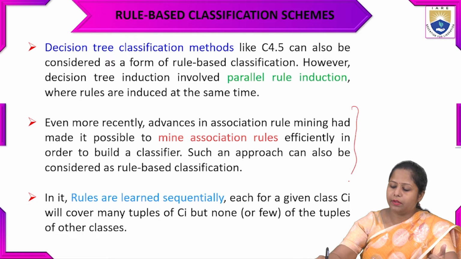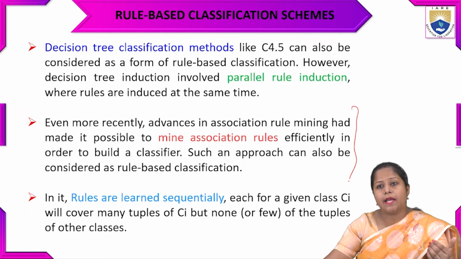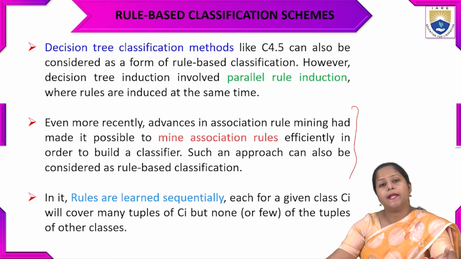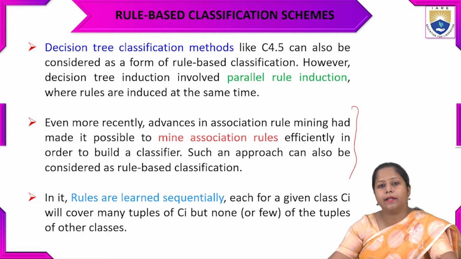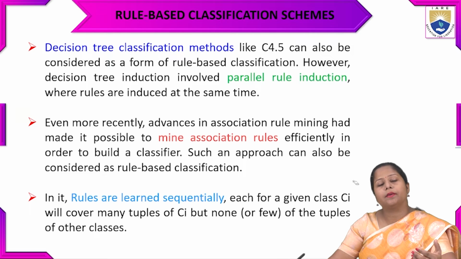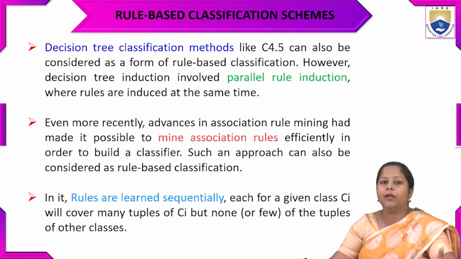Even more recently, advances in association rule mining have made it possible to mine association rules efficiently in order to build a classifier. Such an approach can also be considered rule-based classification.